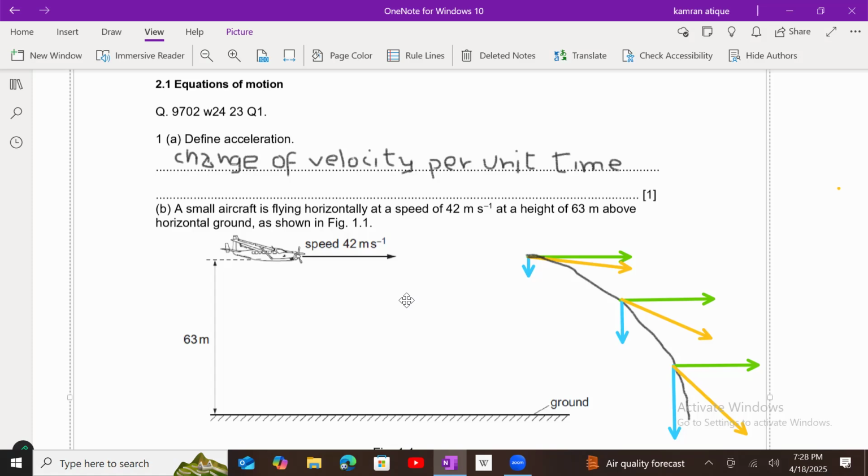That was the question which is right now being flashed on your screen, what we did yesterday. The question is from the kinematics topic, November 2024, paper 2-3, and that was question number 1.